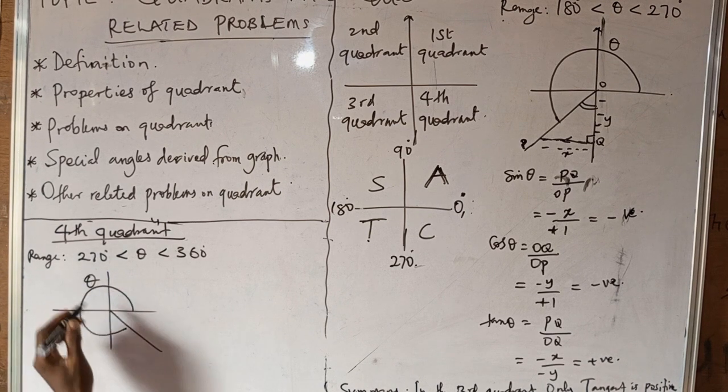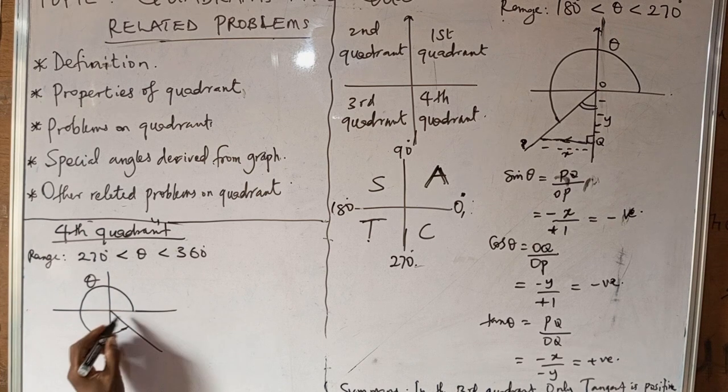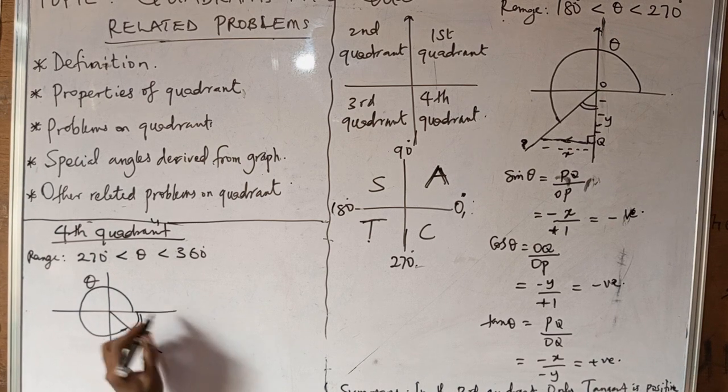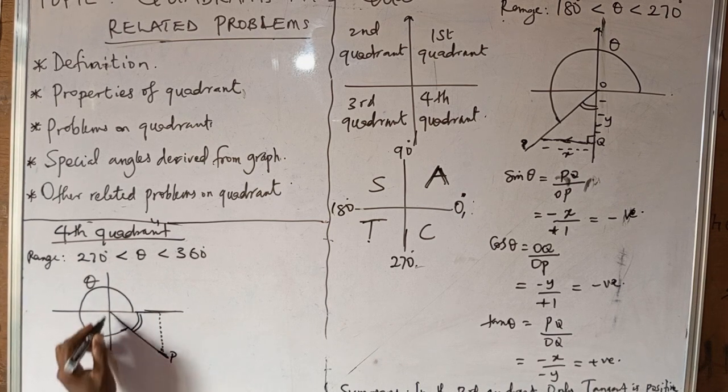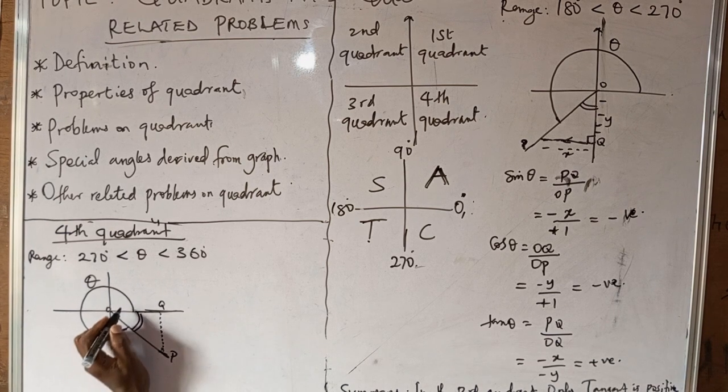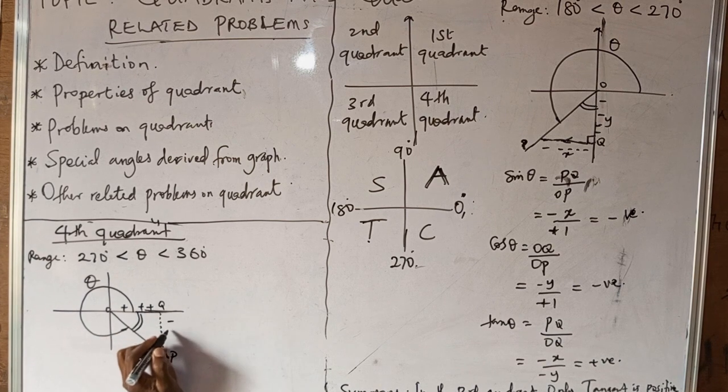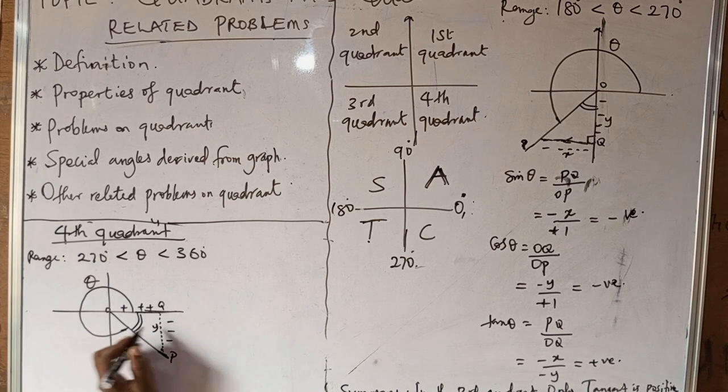So this is my theta, while my angle of reference is this one here. So the rotation is now back to the positive arena. This is my P, this is my O, this is my Q. Just like we did in the other one, this is positive. Then you are moving downward, this will be negative. The line is moving downward. So we still maintain this place as our y and this as my x.